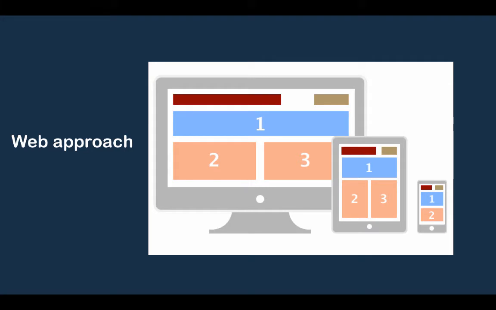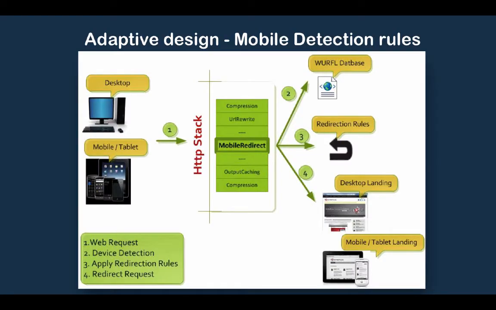Let's talk a little bit more about the first approach, which is building mobile website. Mobile website can be built by either responsive design or adaptive design. So in the next two slides, I will talk more about those two ways. To implement adaptive design, you create different pages for every mobile device. Then the server is able to figure out what mobile device asking for a page using the HTTP header.